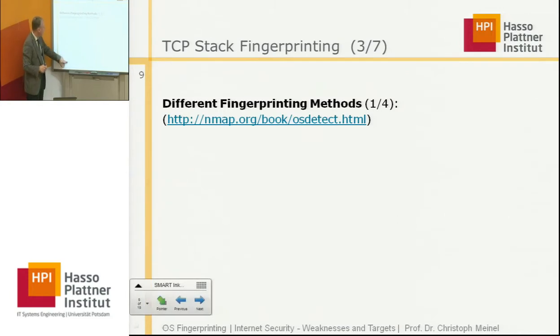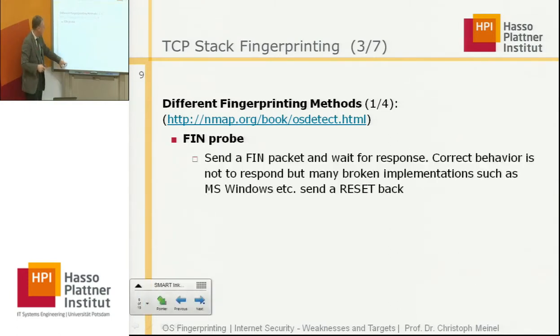Here are some different fingerprinting methods on the web. You can find more and add more of these methods. For example, the so-called FIN probe. You remember, when the system wants to close a TCP connection, a FIN packet is sent. This can be used in the following way for operating system fingerprinting. One waits for the response.